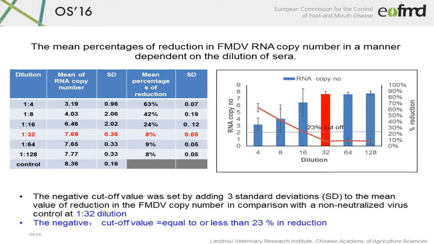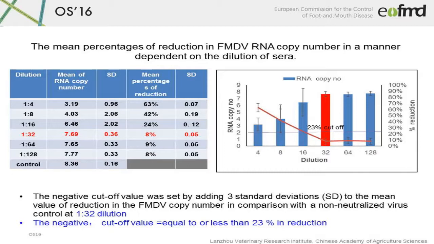Here you can see at the 1/32 dilution the reduction percentage is just 8%, and they're also quite close at 1/64 and 1/128. After 1/32 dilution, the pattern is the same.